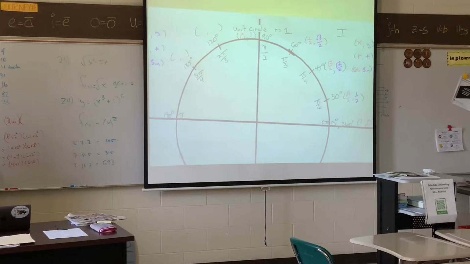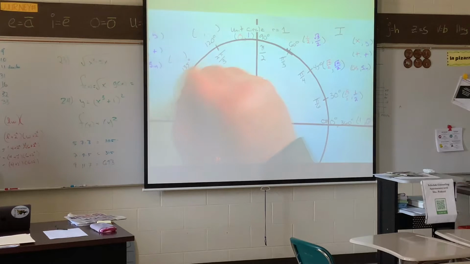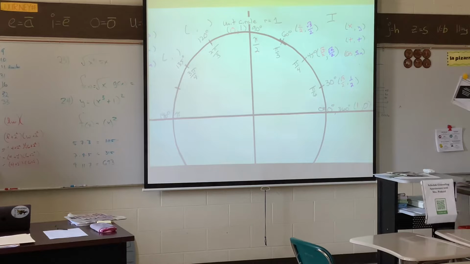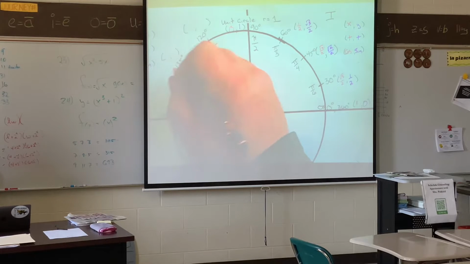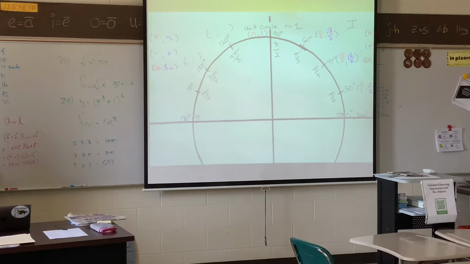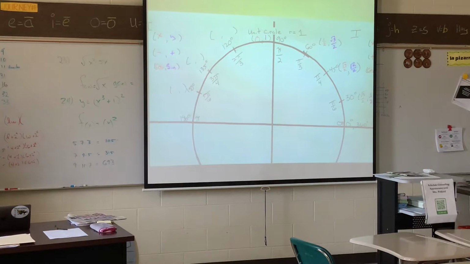Okay, I'm gonna have one more angle in here. Can anybody figure out what that angle would be? 150, which is 5 pi over 6. Now, as I said, it's a pattern.